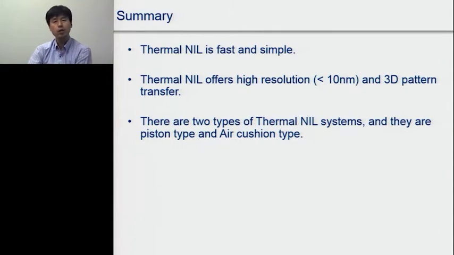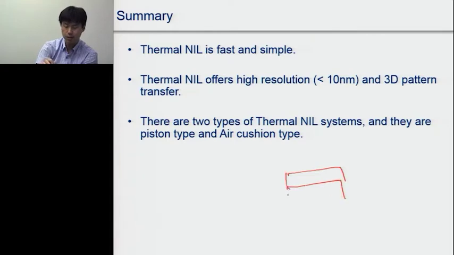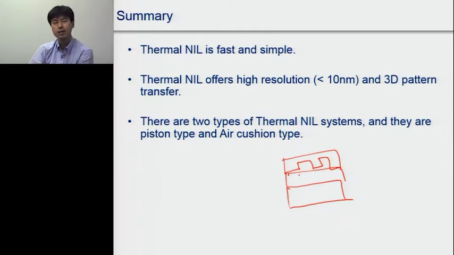Today we talked about the systems used for thermal nanoimprinting lithography. As we discussed, it only needs one single press. That is why it is very fast, because the entire wafer can be processed by one simple press process.